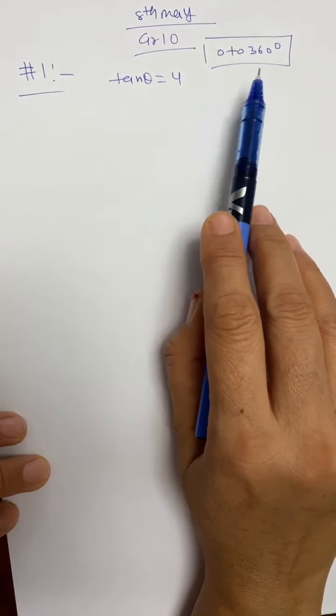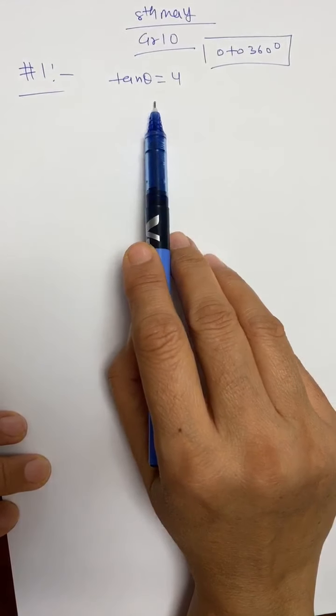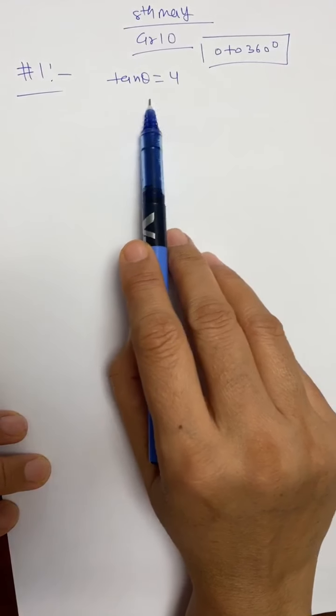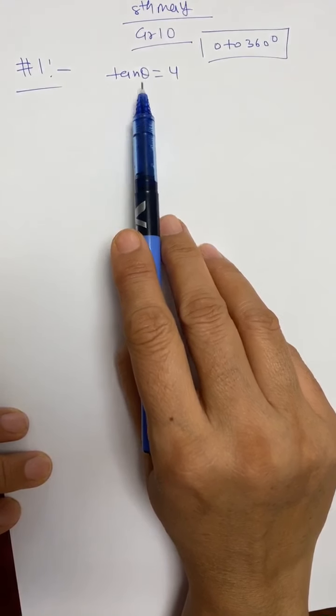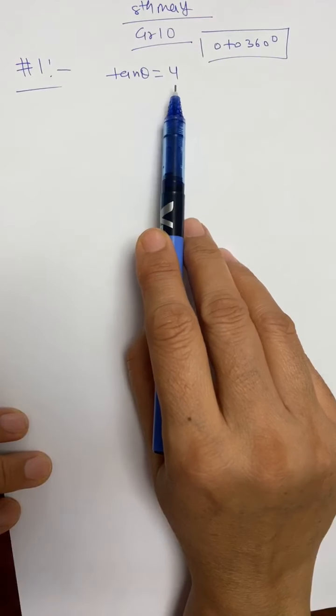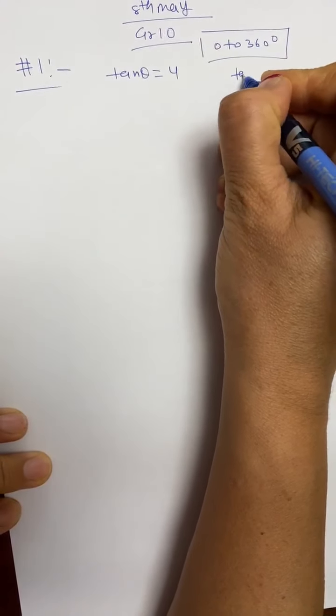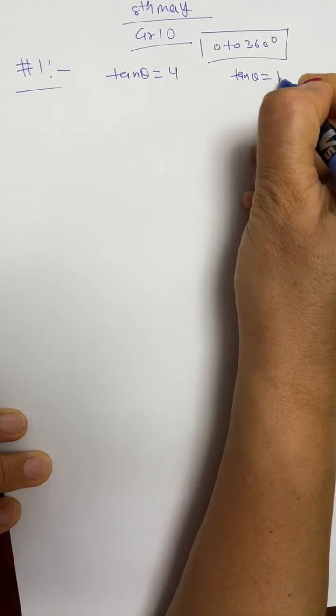So with 0 to 360, the maximum number of values of theta you are going to have is only 2 here. Now what is the difference between tan theta equal to 4, and tan theta equal to, let's say, square root of 3?